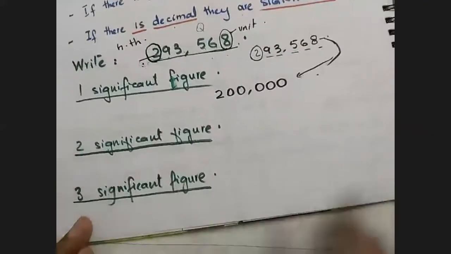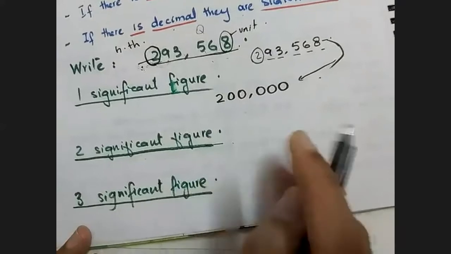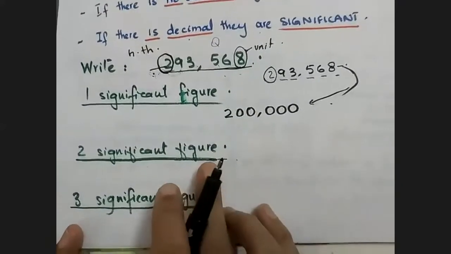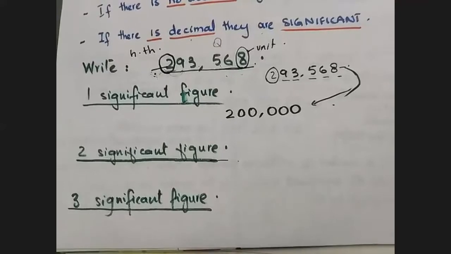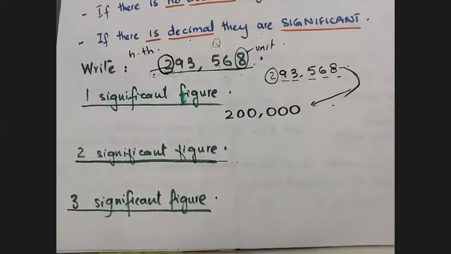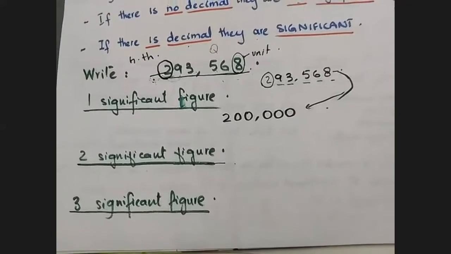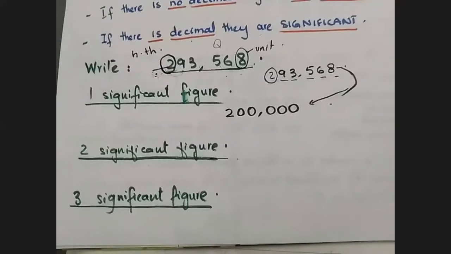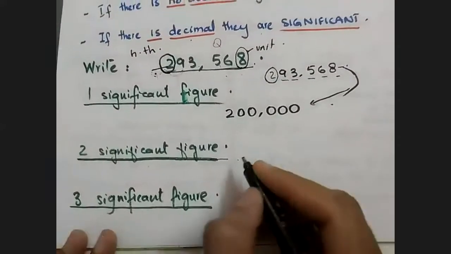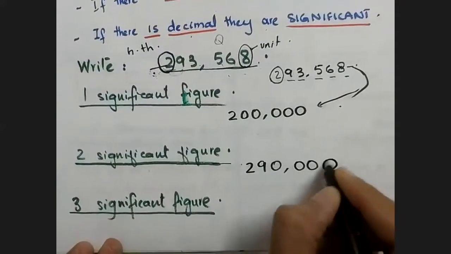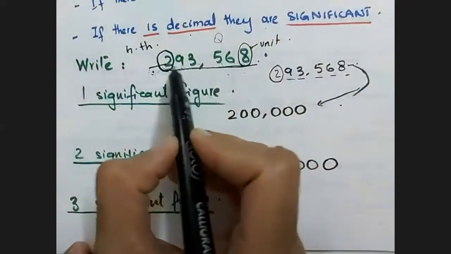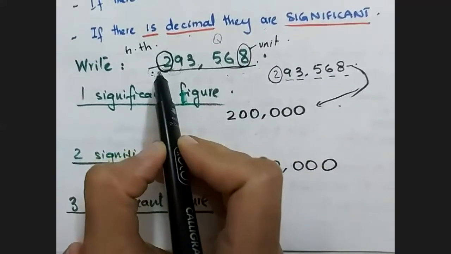Now, who will round this off to 2 significant figures? Yes, Zainab? Who will round this off to two significant figures? Ahmad. Yes, ma'am. We will write 290,000. Why? Because two significant figures means, go ahead and mute yourself.